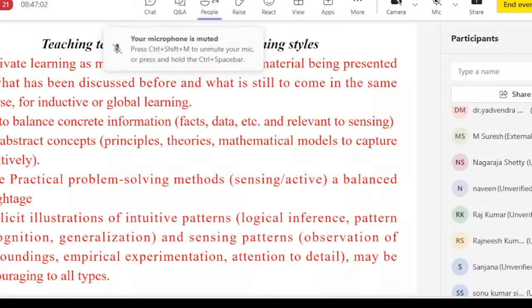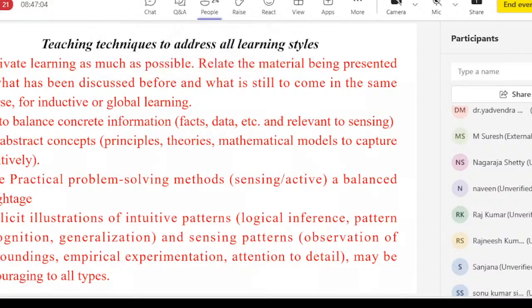Now let us see what I will say, then: motivate learning as much as possible. So what you should do is, this is a pedagogical aspect. Whatever you are going to discuss with the students in the next class, in the previous class you should give them some kind of understanding that this is going to be there.